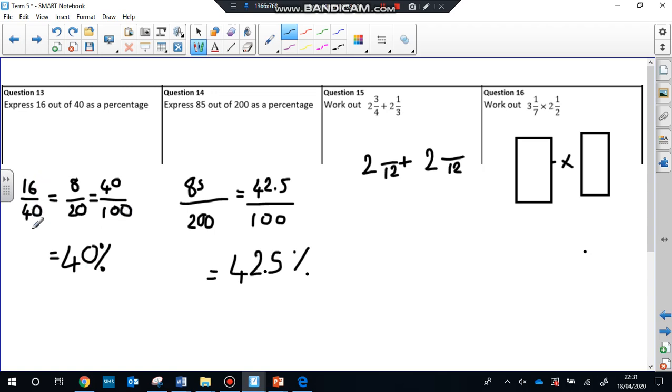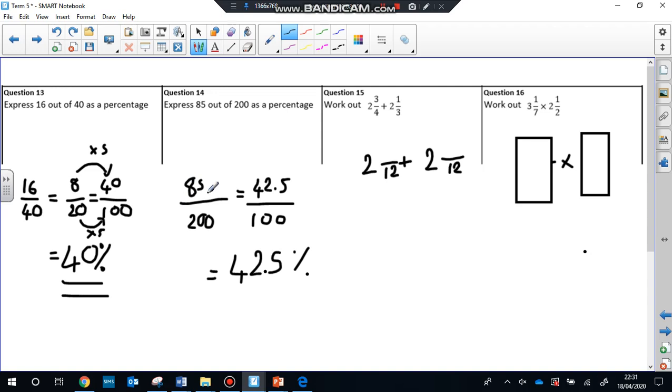But if I halve these numbers, I get 8 out of 20, and then 20 I know is very easy to get to 100 by multiplying by 5. So as long as I do the same to the top and the bottom, if I multiply the top by 5, I've got to multiply the bottom by 5. That gives me 40 out of 100, and 40 out of 100 is 40%.